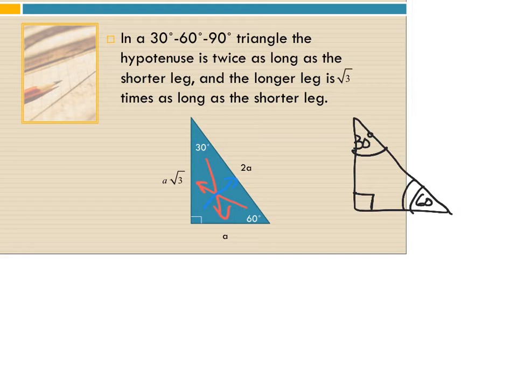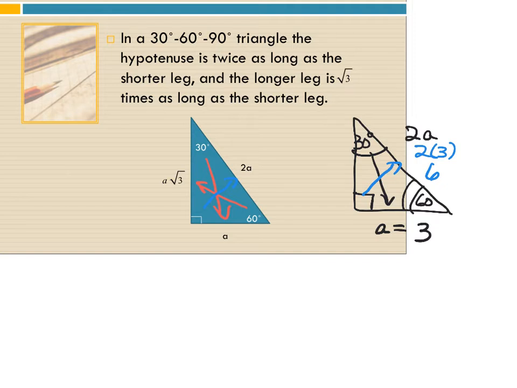So if the side across from the 30 is A, and if A equals 3, then the side across from 90 is 2A. So I would take what A equals and double it, times it by 2, and the side that is the hypotenuse would be 6.